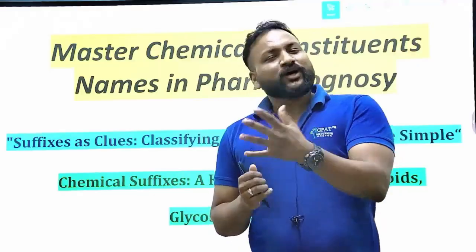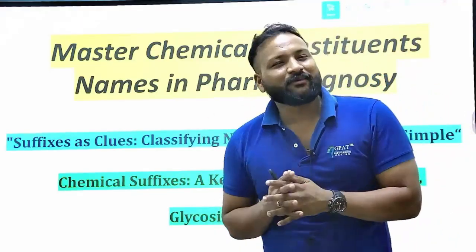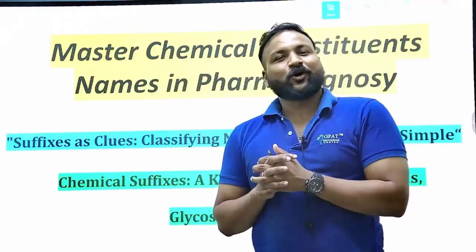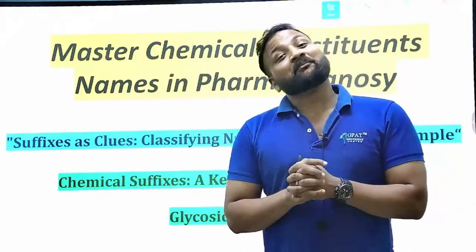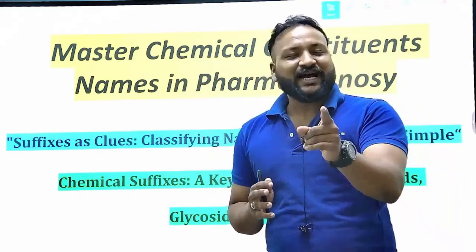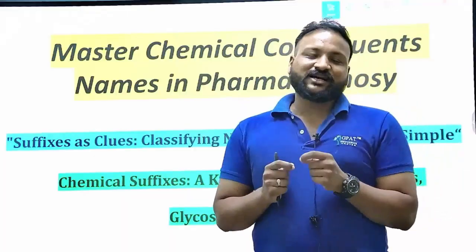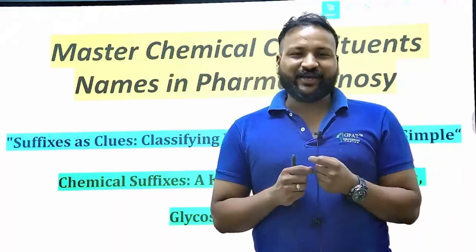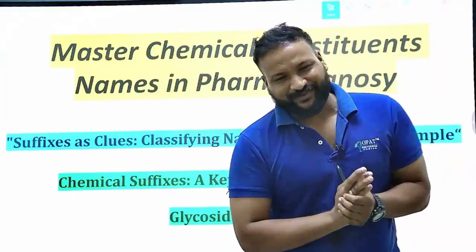Do you ever feel there has to be an easy way to remember and classify the chemical constituents, because it is not easy to remember each and every drug and every chemical constituent? If you are struggling with that, this is the right video for you, because in this video we are going to simplify the nomenclature with effortless clues which are hidden in the plant name itself.